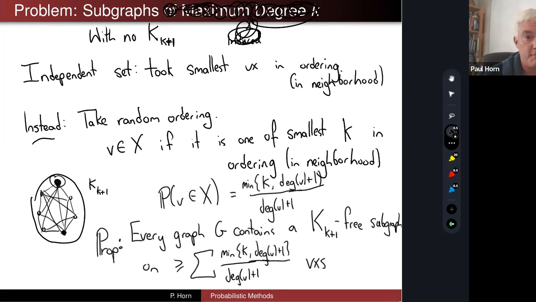And graphs with many, many properties have been constructed randomly. So there was an old conjecture of Hajós. It's too early in the morning here to pronounce Hungarian names, so I apologize.